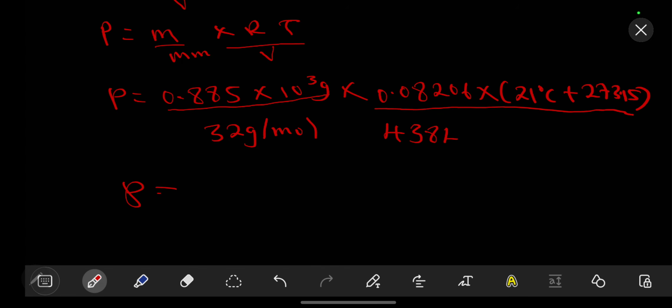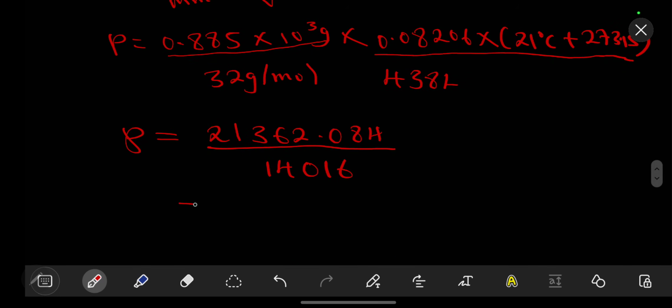So our pressure will be found by multiplying the top part. On top we have 21,362.084. Then we divide by 32 times 438, which gives 14,016.